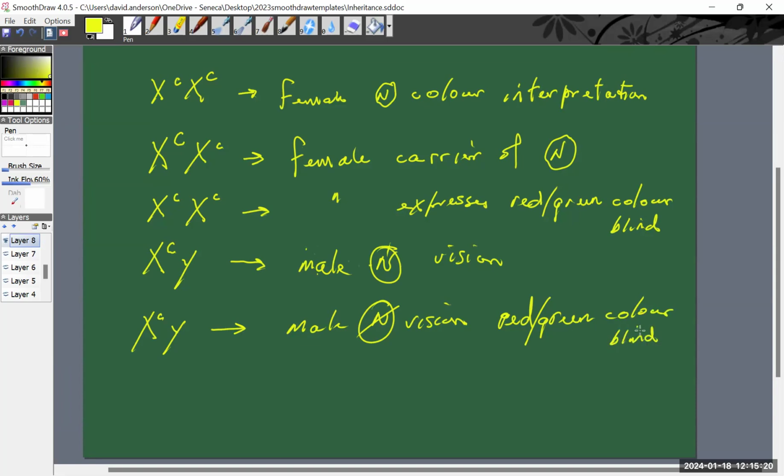So the scenario where a female expresses red-green color blindness is going to be a known possibility, because in order for that to occur, the male allele has to be recessive, right? Because it's the only one he's got to offer. If this individual male decides to reproduce at a later date, and he reproduces with a female carrier, and the female carrier contributes the X small c allele, then that individual can become colorblind, right?